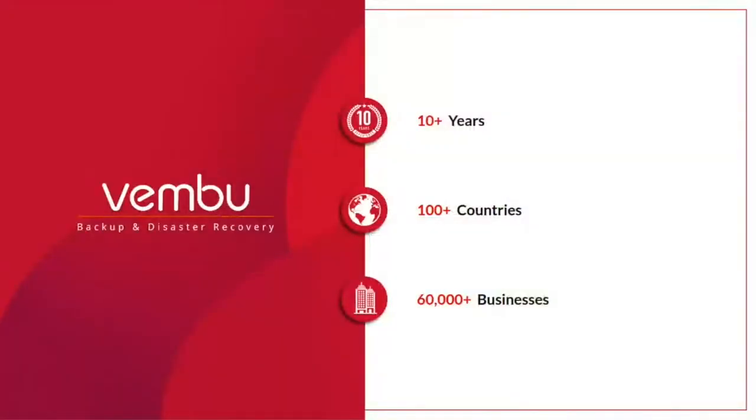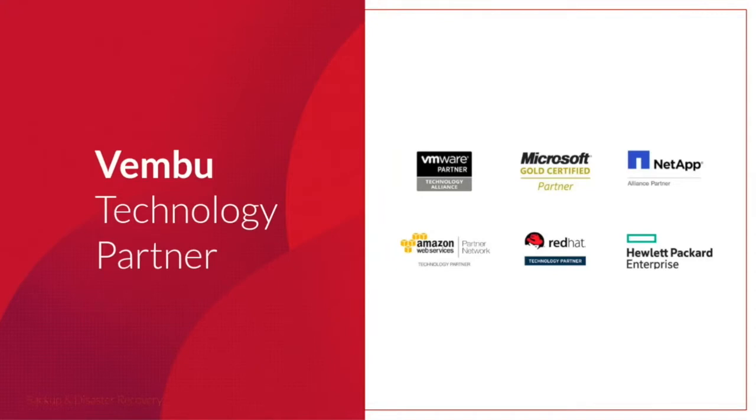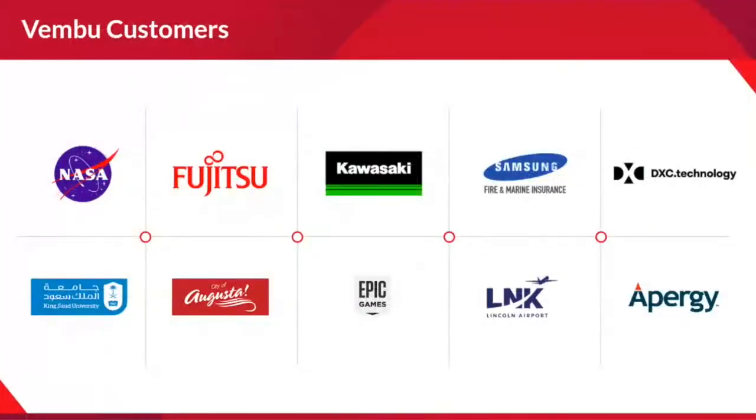We have our footsteps in 100+ countries with more than a decade and a half of experience in the backup and disaster recovery market, with 60,000+ businesses using our software to date. These are our Vembu technology partners that we have partnered with for technology sharing. And these are a few of our customers like NASA, Fujitsu, Kawasaki, Samsung, and much more, who have been using our product to date.